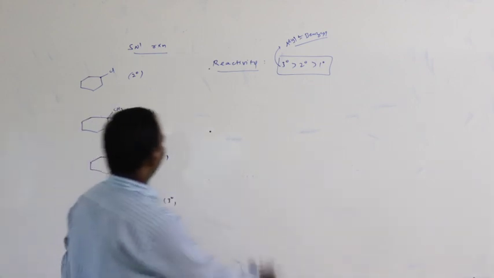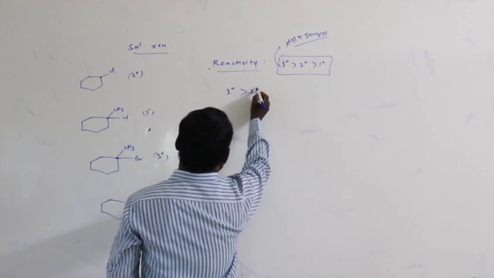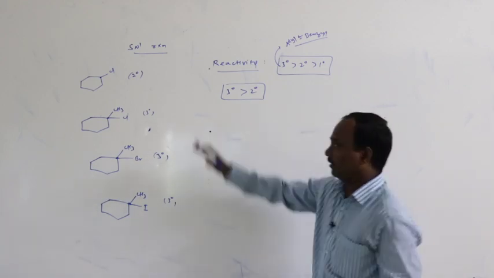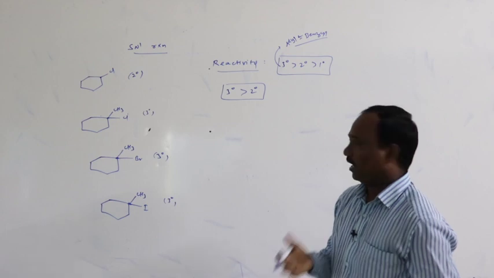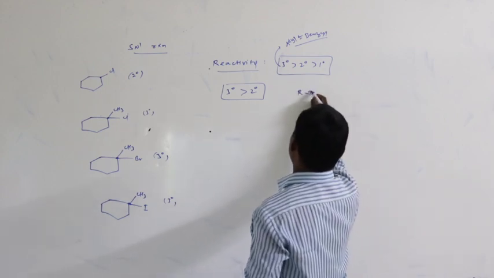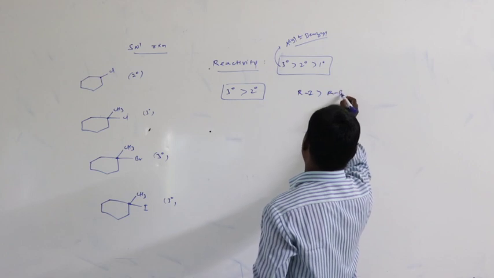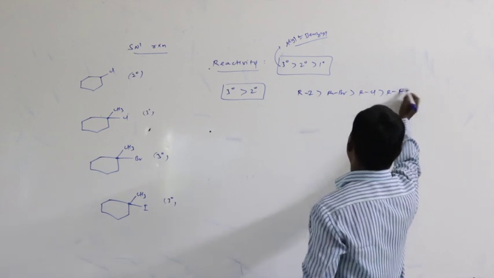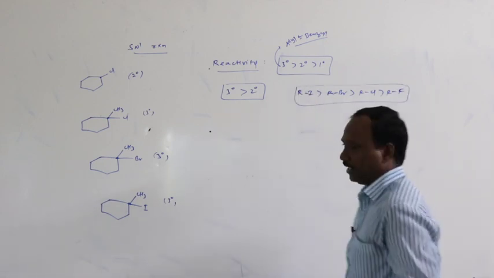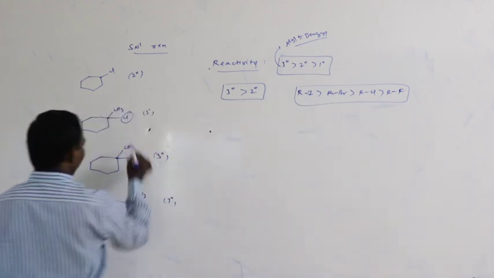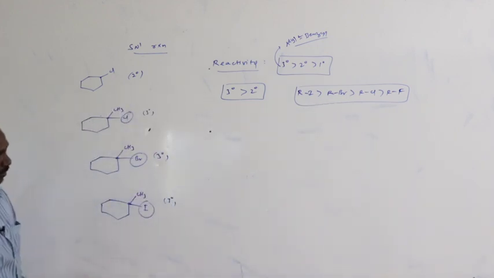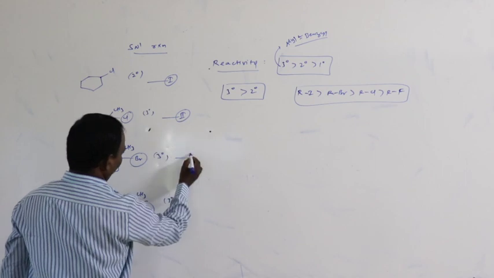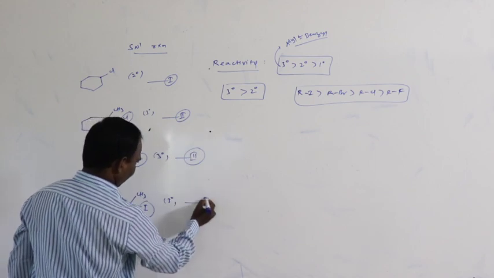So which one is more reactive? Tertiary is more reactive than secondary. But among the three tertiary compounds, which one is most reactive? Already you know, alkyl iodides are more reactive than alkyl bromides, next alkyl chlorides, next alkyl fluorides. In this case, chlorine, bromine and iodine. This is compound 1, compound 2, compound 3, compound 4.